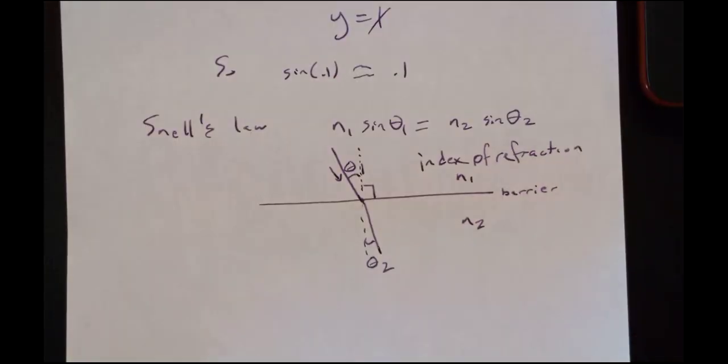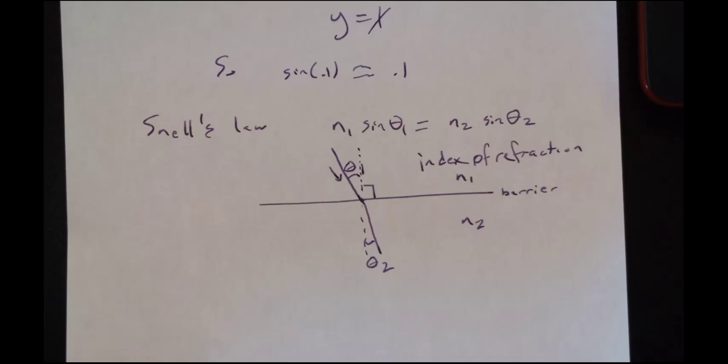I've always seen this written as a ratio, where it's sine of theta 1 over sine of theta 2, and then n1 over n2. So I think I may have some indicators different than the version you learned. The reason we need this is because light is coming into my eyeball, and I'm bending it before it gets there.